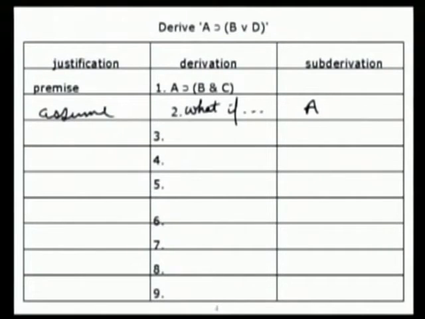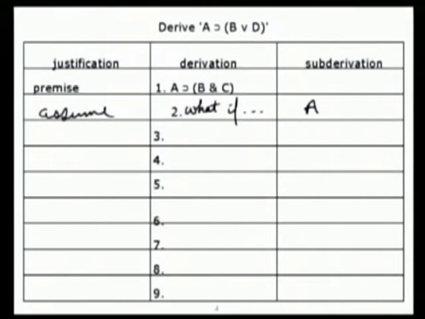And now we stay in this subderivation column until we get what we want. And what is it that we want? B or D. Because that's what we're trying to show: that if A were true, then we could conclude B or D, which just simply means A horseshoe B or D.